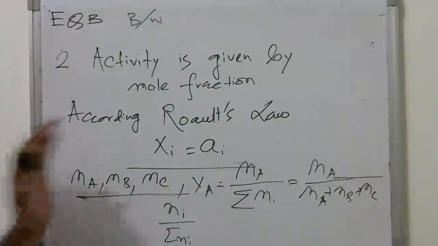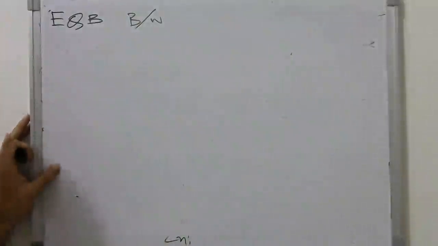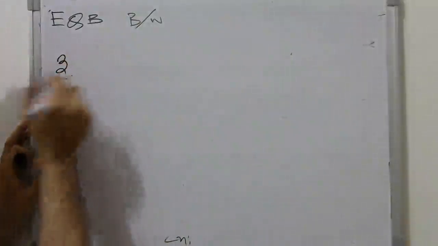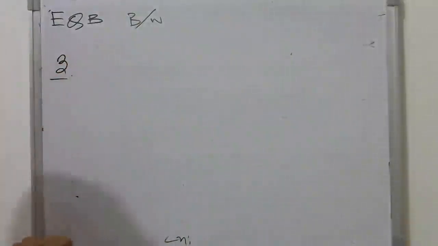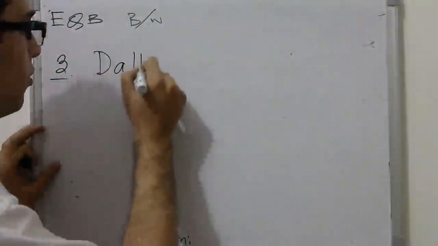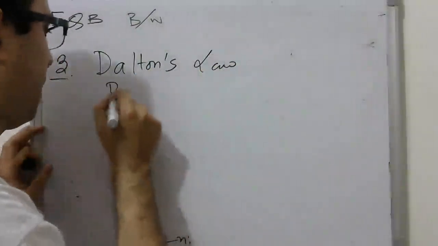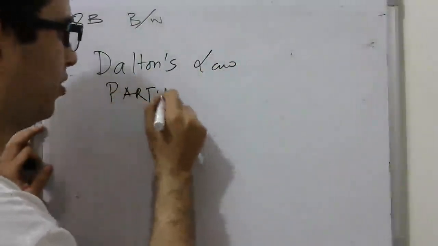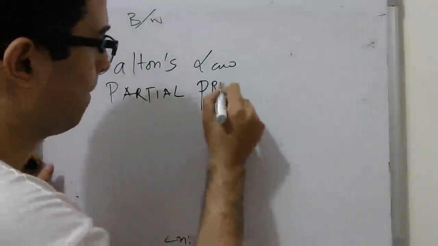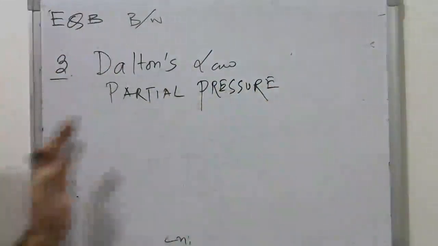Now, the third concept that I'm going to punch in is the concept of partial pressures. You remember Dalton's law of partial pressures. You can always refer to it. It's going to be important in some places, so I'm just mentioning.